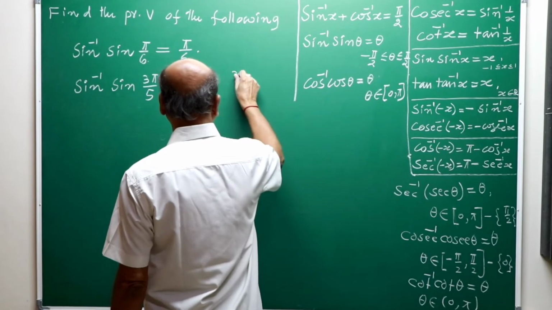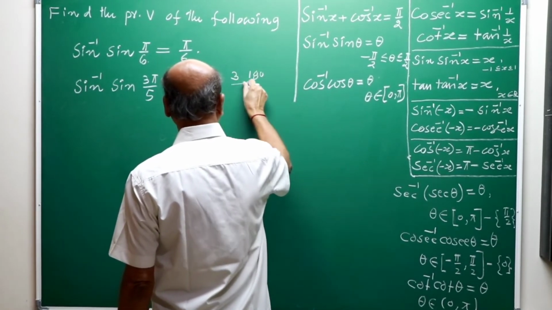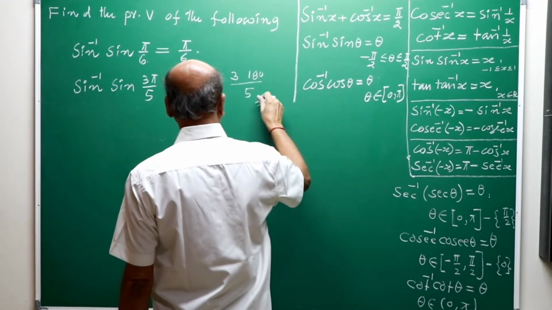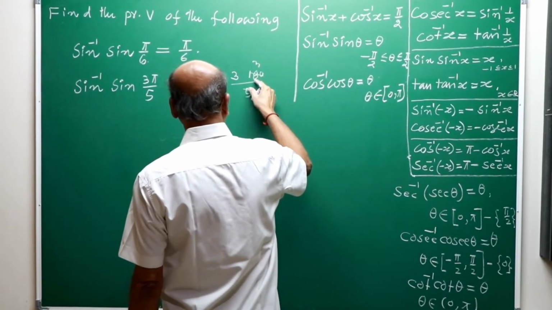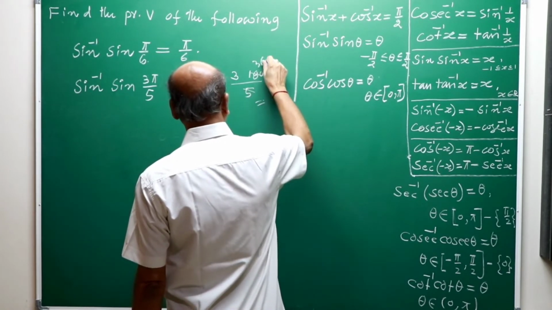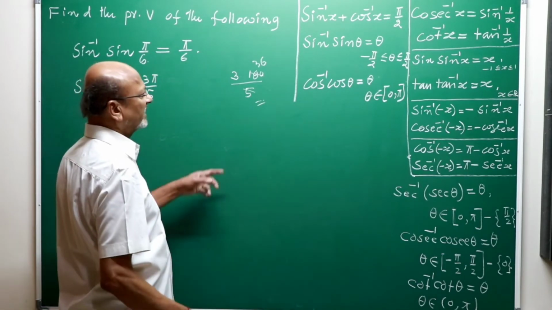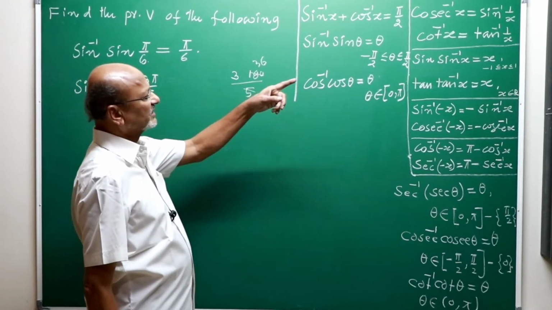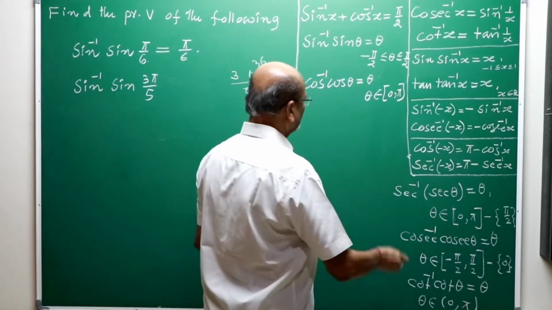Then what is this angle? 180 degrees, down is 5, cancels. 3 into 36 is 108 degrees. It is greater than 90 degrees. When it is greater than 90 degrees, it is outside the interval.